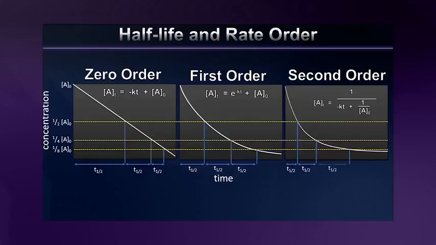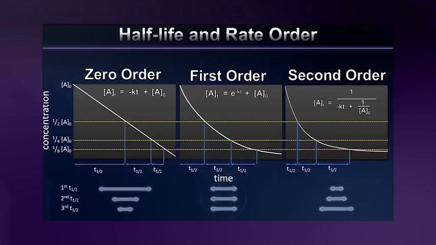And what's really remarkable about first-order processes in particular is that if we look at these in a different way, we can see very clearly that the half-life in a first-order process is independent of the concentration at the beginning, whereas the half-lives for my zero-order and my second-order processes vary depending upon how much material is present while that reaction is taking place.